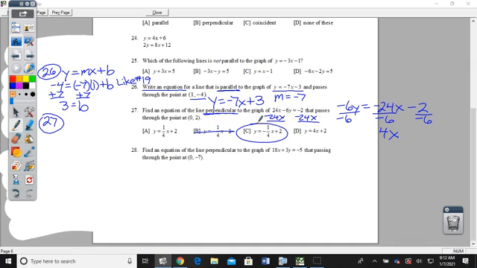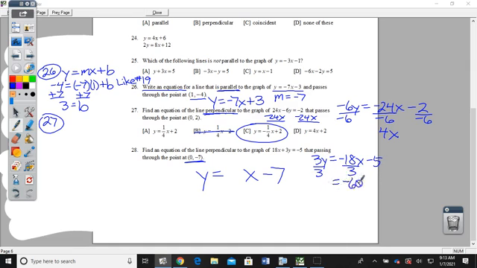And then 28, same type. Again, they give me the y-intercept, right? So all I have to find is the what? Slope. Because I know it's going to be y equals something x minus 7. I know that. I just have to figure out what the slope is, which means I have to find the slope here and then do the opposite reciprocal. Okay? So that's going to be 3y equals -18x minus 5, and then divide by 3.